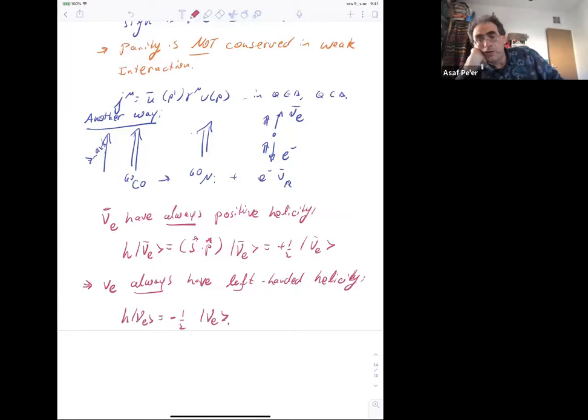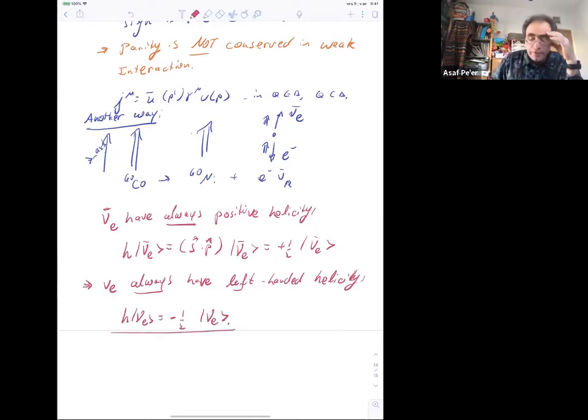That's another consequence of this experiment. And it was later on discovered that the same applies for the other neutrinos, right? This was for the electron neutrinos. So all the neutrinos are left-handed, all the antineutrinos are right-handed. Again, this is experimental fact.